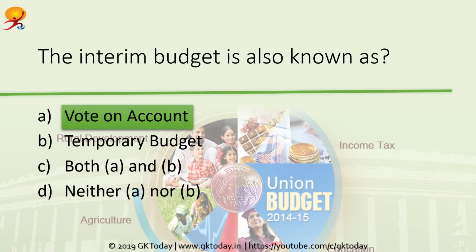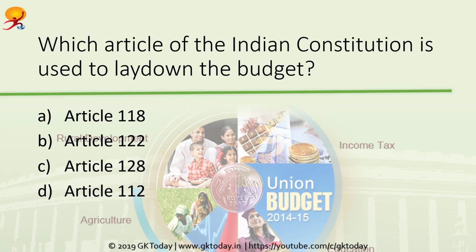Through the interim budget, Parliament passes a vote on account that allows the government to meet the expenses of the administration till a full budget is presented. Until the new Parliament considers and passes the budget for the whole year, this is valid. In an election situation, the vote on account is usually for a 4-month period.